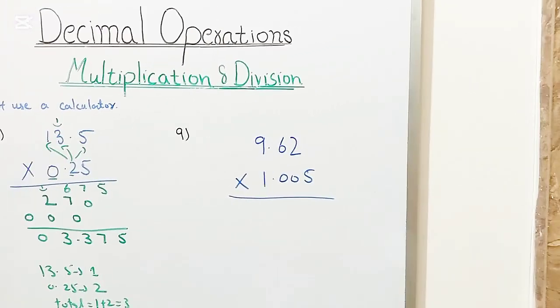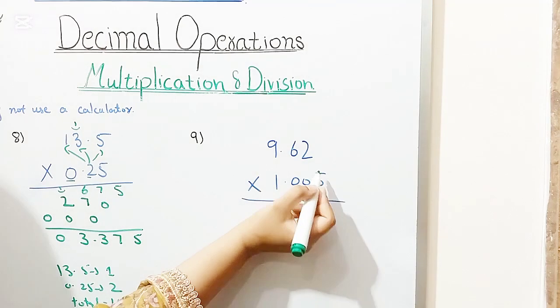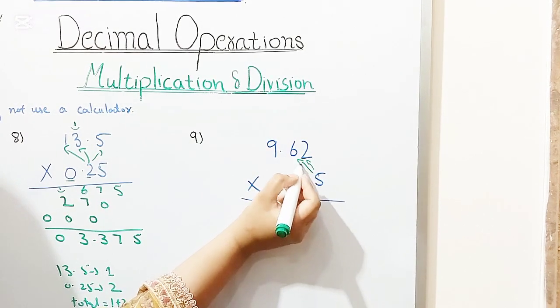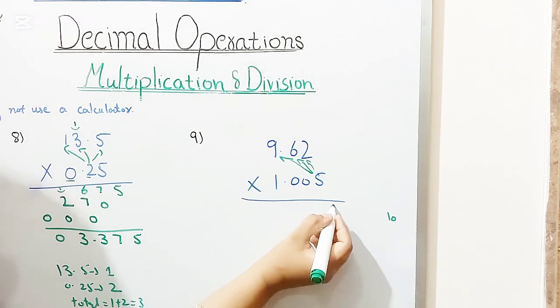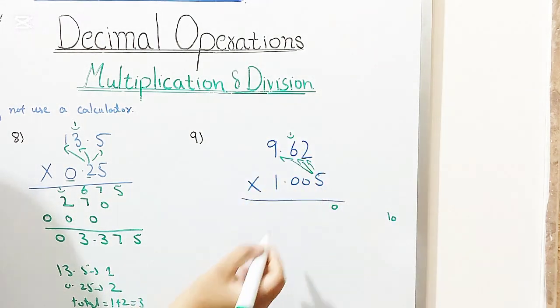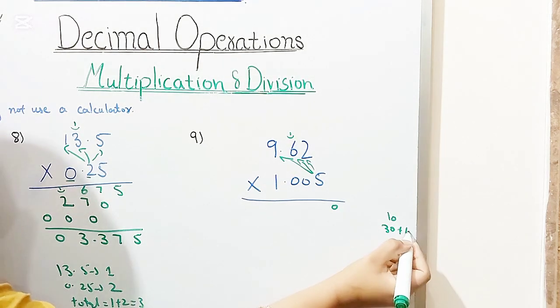Question number 9. 9.62 multiplied by 1.005. Firstly, I will multiply 5 to the 3 values. 5 2s are 10. I will write 0, 1 carries to the next value. 5 6s are 30. 30 plus 1 is equal to 31.